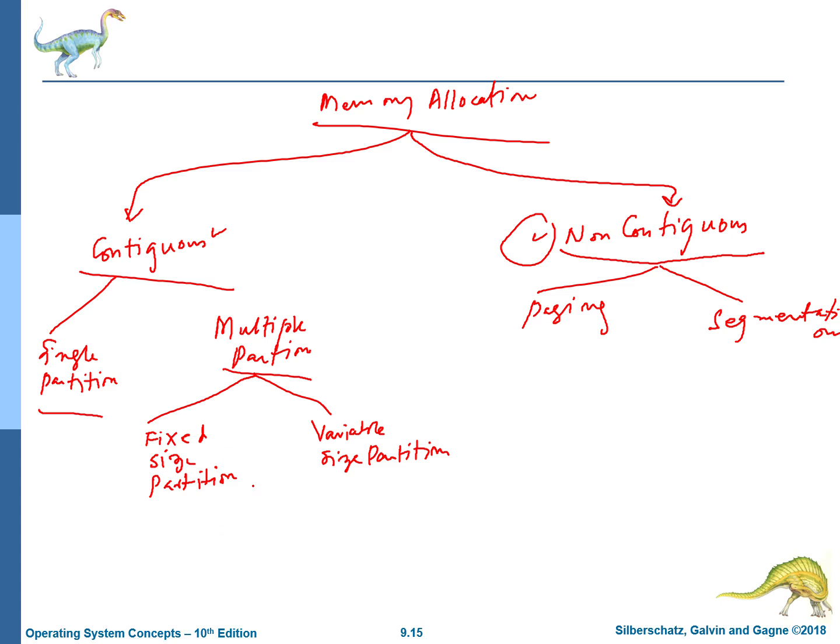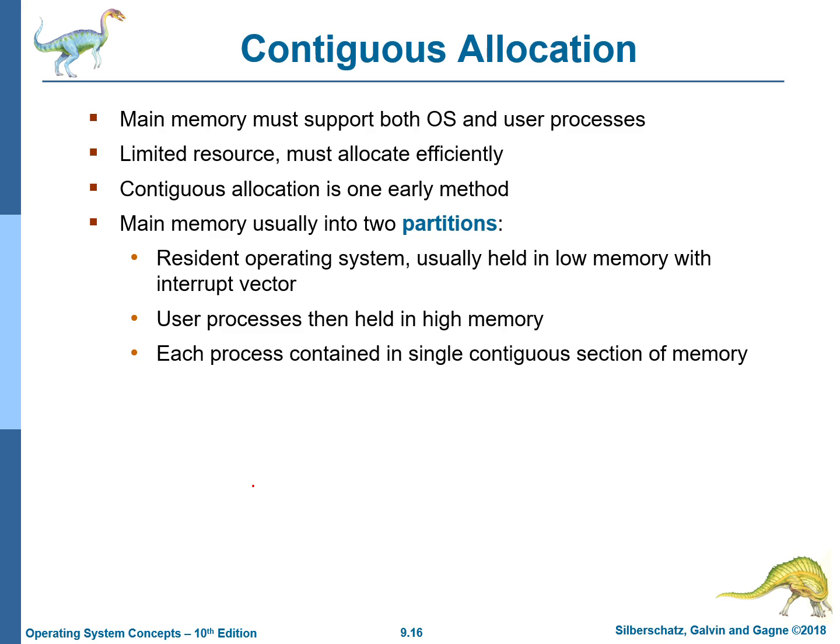The contiguous memory allocation is a continuous type of memory allocation, where every process, suppose this is a process and it might have 1, 2, 3 K of memory, which is going to be shifted to the main memory. This allocation should be continuous, which means the places in the main memory should be contiguous in nature.